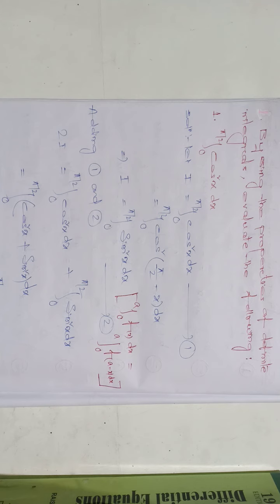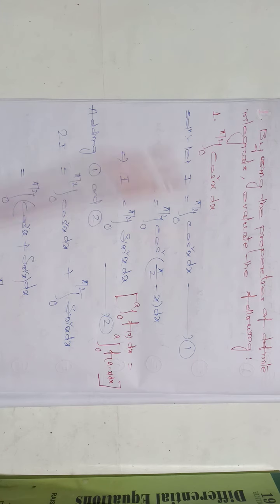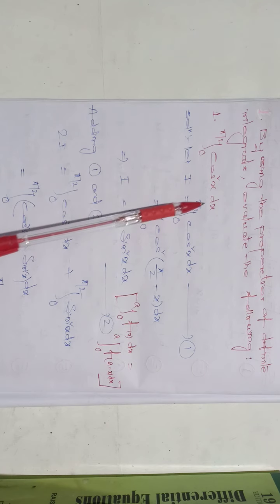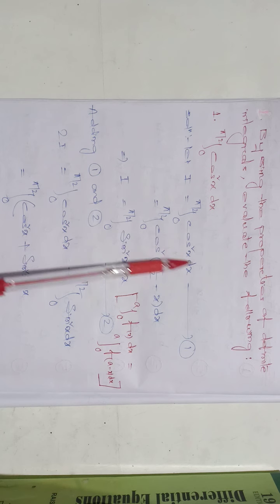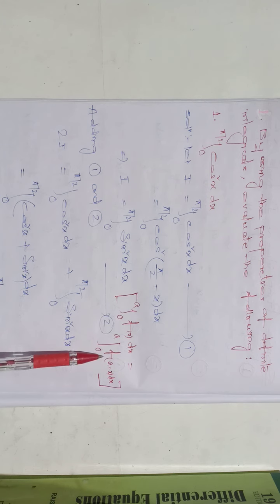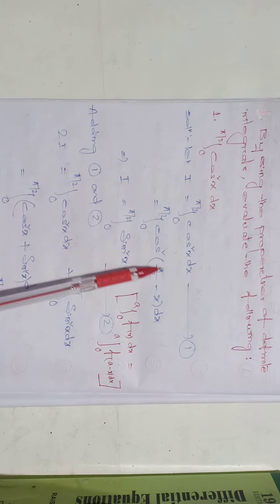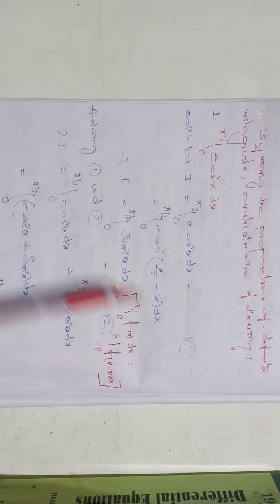Number one, 0 to pi by 2 cos square x dx. So students, let us take the integration I equal to 0 to pi by 2 cos square x dx. Now using the property 0 to a f(x) dx equals 0 to a f(a minus x) dx, here a is pi by 2, we can write cos square (pi by 2 minus x) dx.